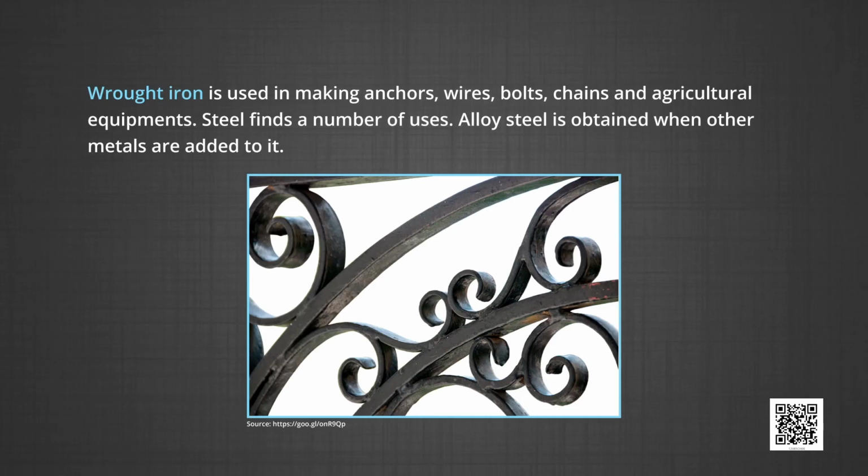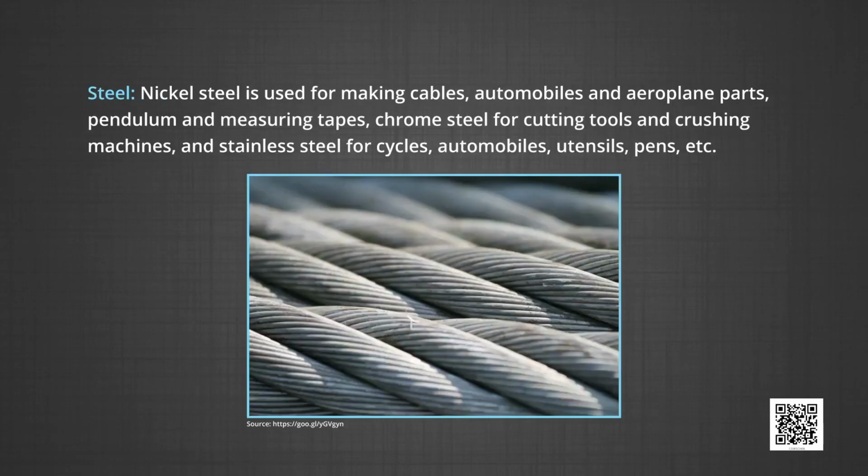Alloy steel is obtained when other metals are added to it. Nickel steel is used for making cables, automobile and aeroplane parts, pendulums and measuring tapes. Chrome steel is used for cutting tools and crushing machines, and stainless steel for cycles, automobiles, utensils, pens, etc.